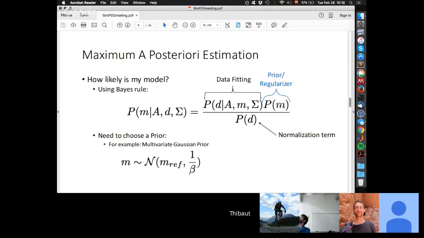Now I have this probability of M, and this one is open. I may need to make some assumption for this one. An assumption we can make is that my M is also a realization of a Gaussian distribution of mean MREF and covariance 1 over beta.